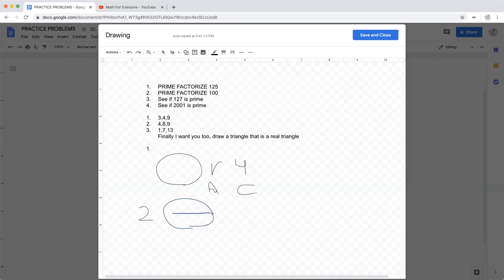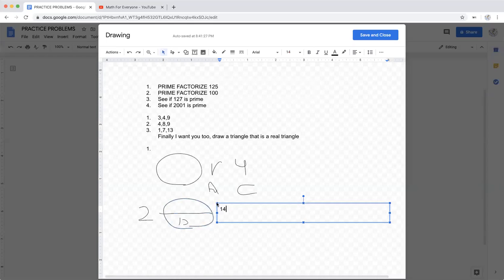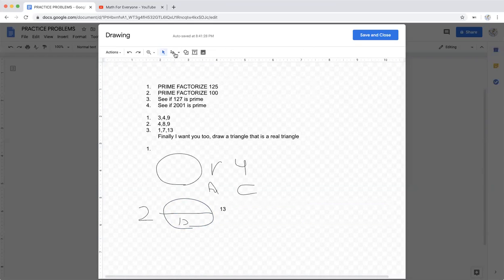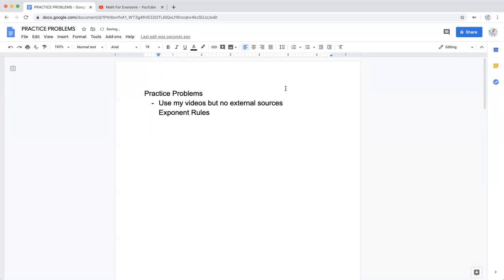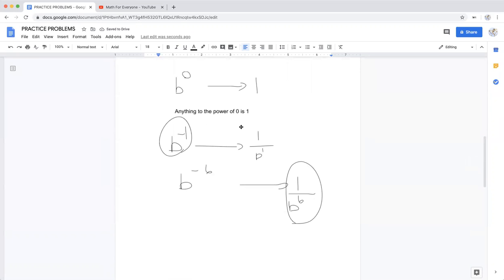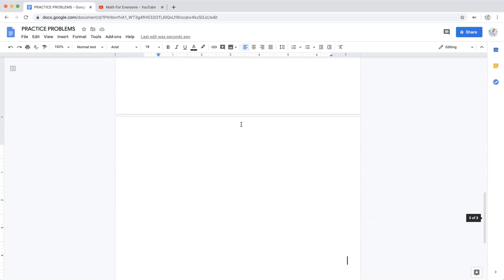And that whole thing is equal to 13. I want you to, again, find the area. So I'm going to save that and close it. Those are the problems I want you to do.